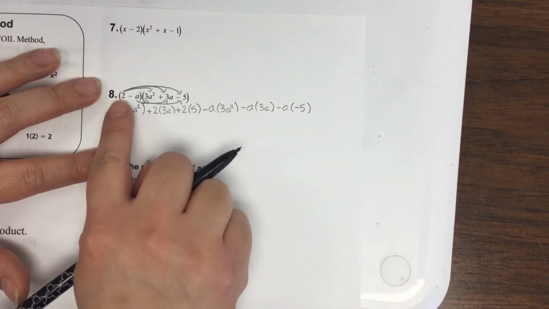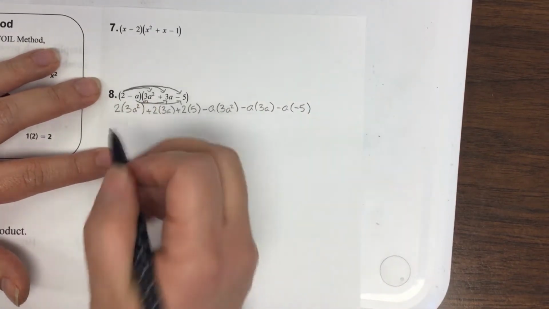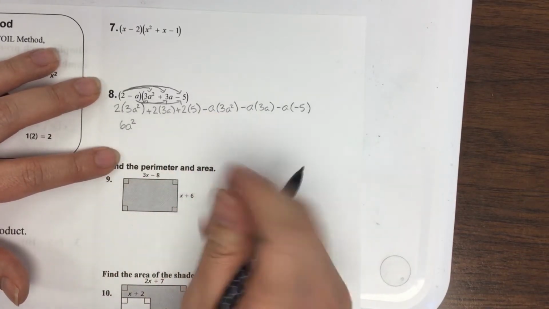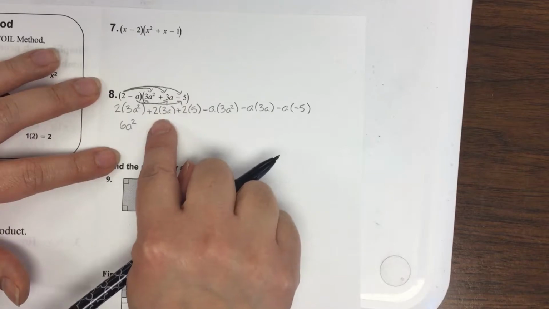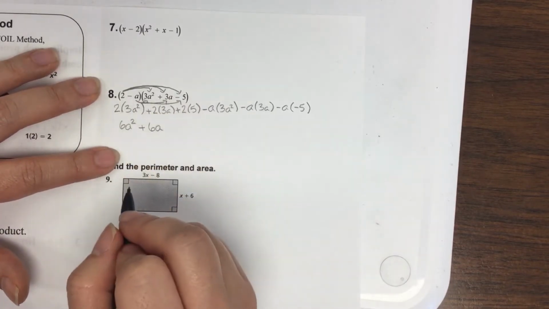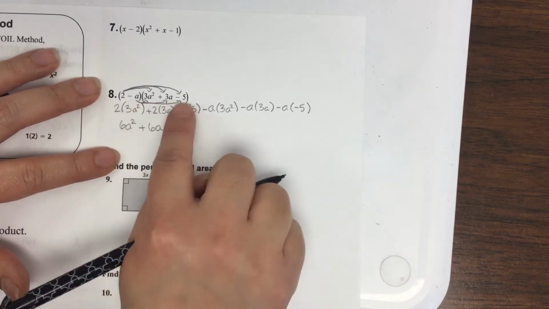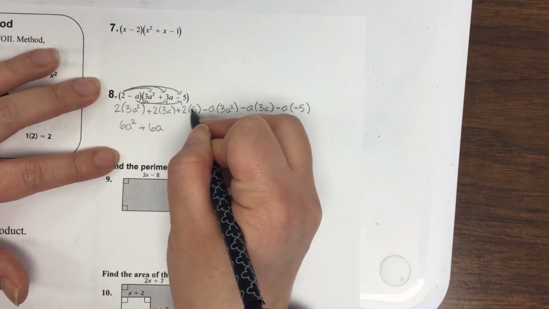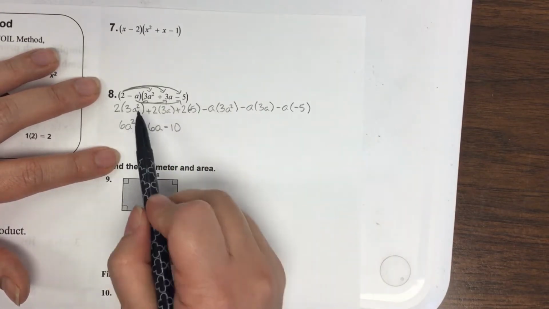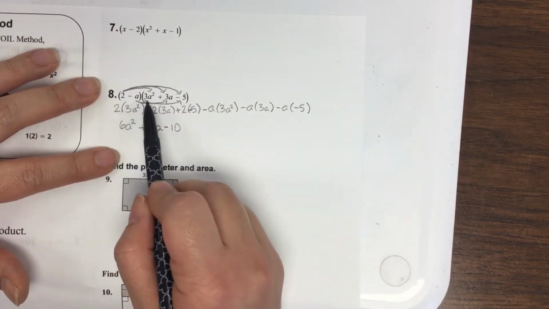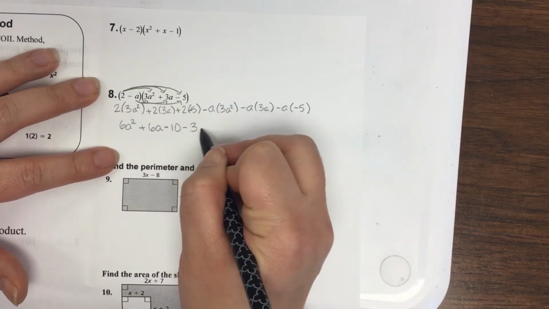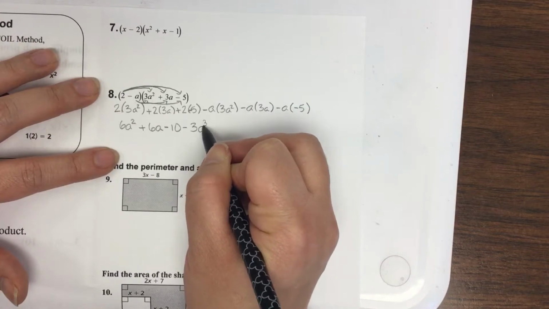So that 2 times 3a squared becomes a 6a squared. The 2 times the 3a becomes 6a. 2 times -5 becomes a -10. -a times 3a squared becomes -3a to the third power.